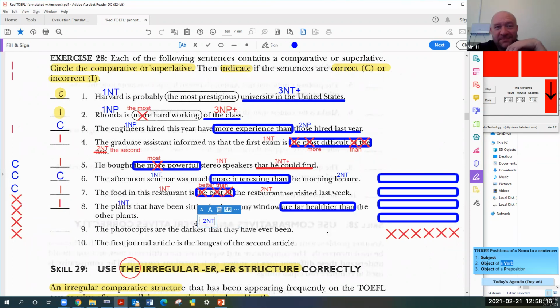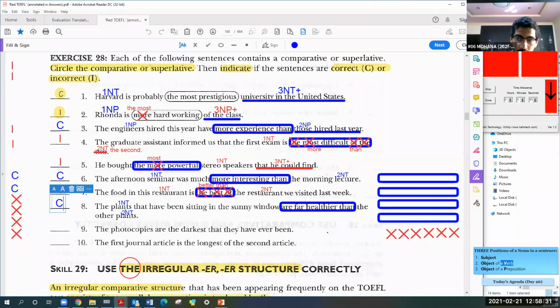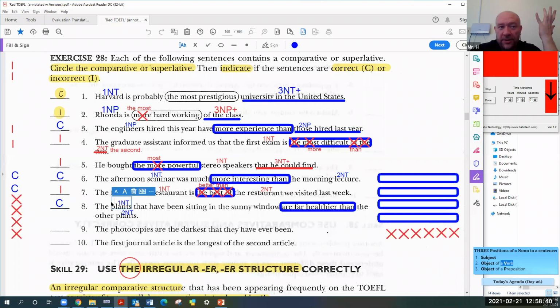You just lost marks in TOEFL, Mohana. Why? What are we comparing? Group 1 and group 2. We have 2 groups. You see? Where is group 1?